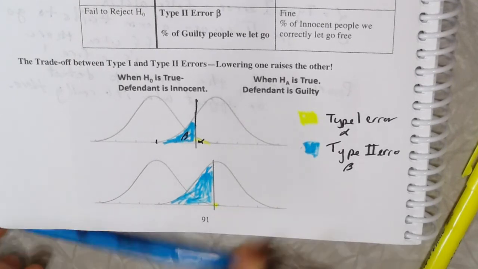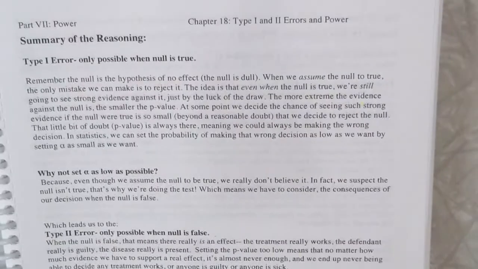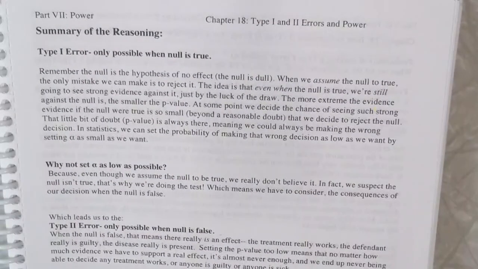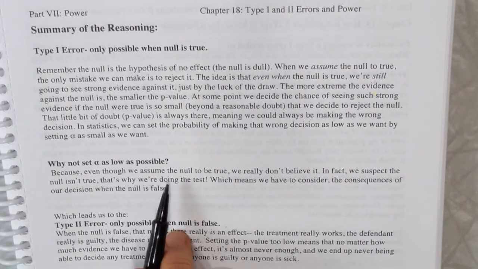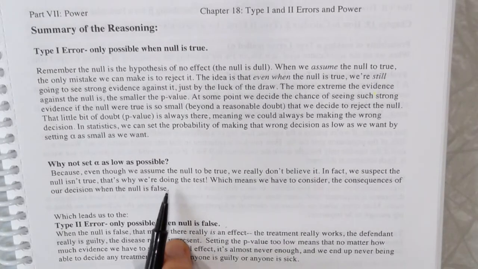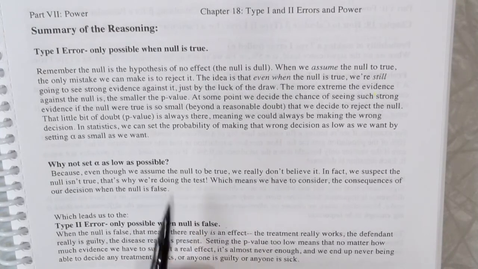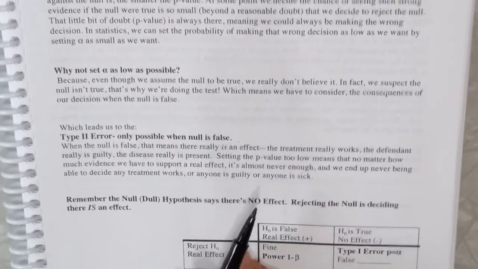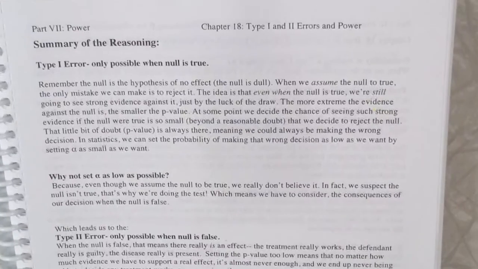Okay, so let's see what else we have to do in this chapter. So here's the reasoning behind what we just talked about: you want to set this type 1 error as low as possible, but at some point we have to recognize that there's a trade-off between the two. You should read this, but we just discussed it all, and it's a summary of what we just talked about.